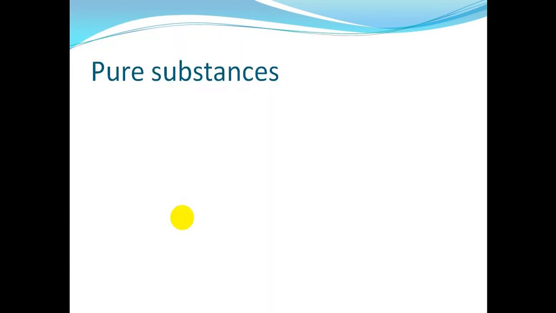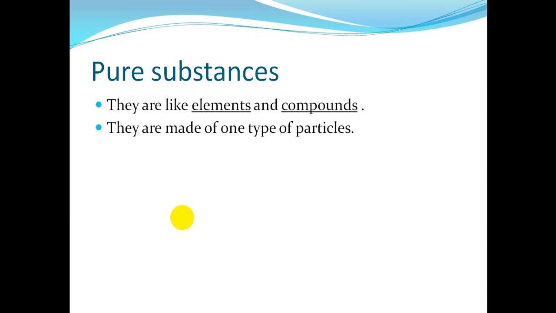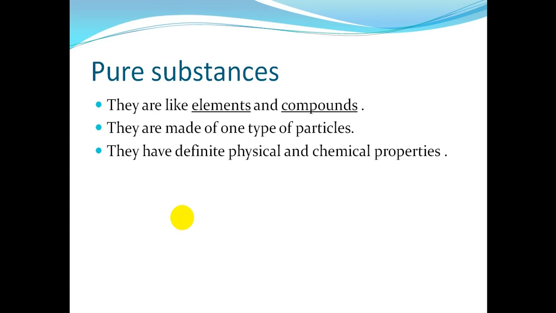Here, the pure substances. We have two types of matter, the pure substances like elements and compounds. Pure means it has only one kind of particles. They are made, as we said, of one type of particles. They have definite physical and chemical properties.